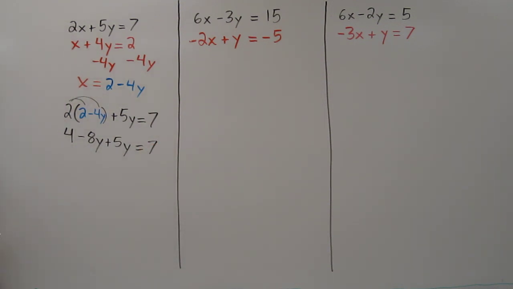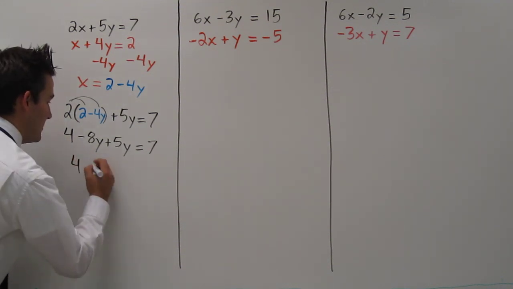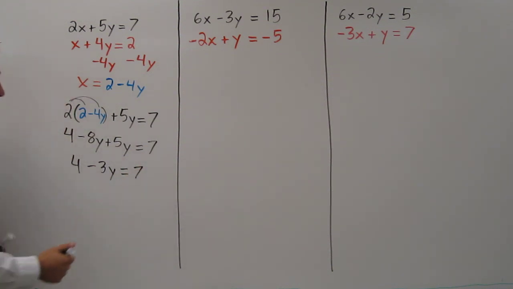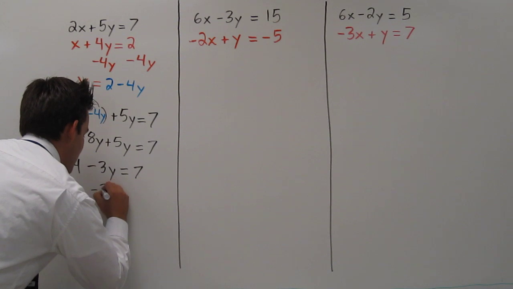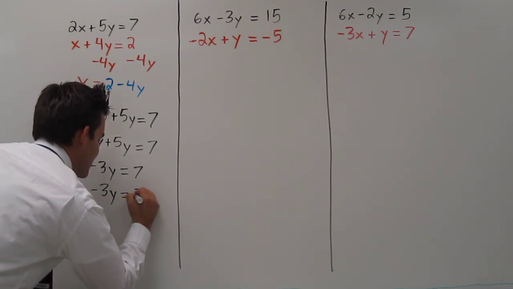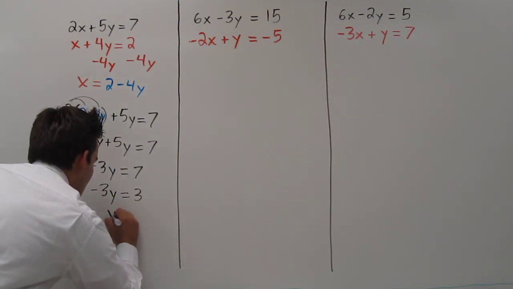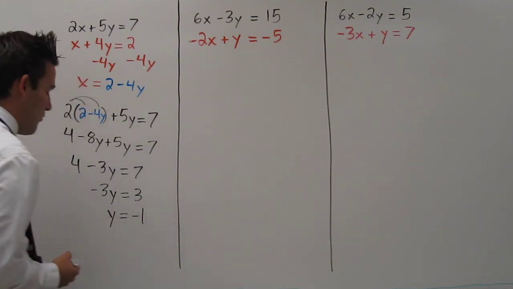By combining like terms, the negative 8y and the 5y, I'm left with 4 minus 3y equals 7. Subtracting 4 from both sides leaves me with negative 3y equals 3. And finally, dividing by negative 3, I can see the solution for y. That is, y equals negative 1.